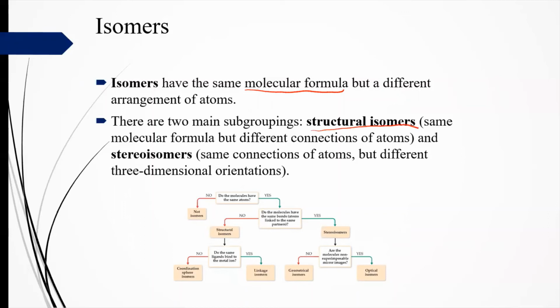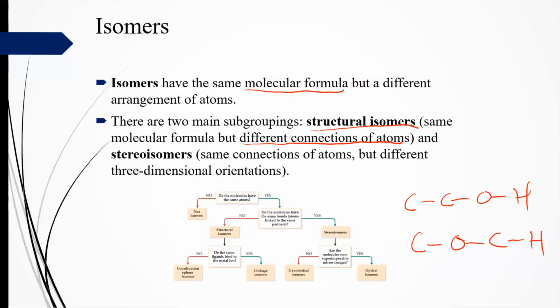Structural isomers mean that they have the same molecular formula, but different connection of atoms. Let's say that instead of having carbon, carbon, oxygen, hydrogen, you might have that as carbon, oxygen, carbon, hydrogen. The atoms are not connected in the same way anymore. Those are structural isomers.